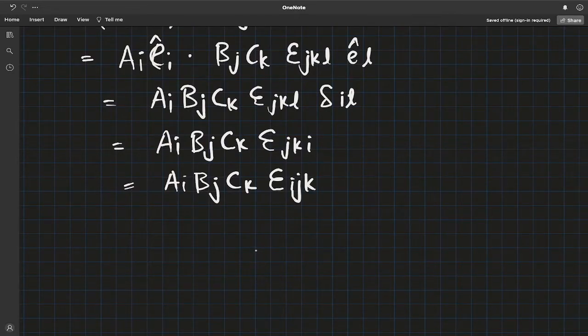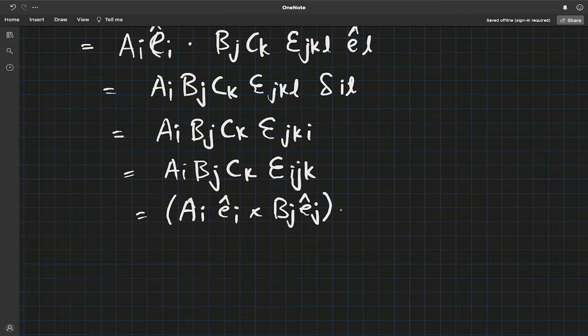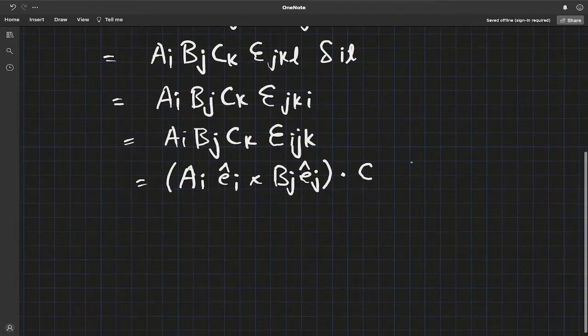Okay, and notice this thing, if we kind of reverse steps a bit, you notice a kind of pattern. This kind of looks like, say, A_i e_i crossed with B_j e_j, dotted with some, I don't know, C_m e_m.